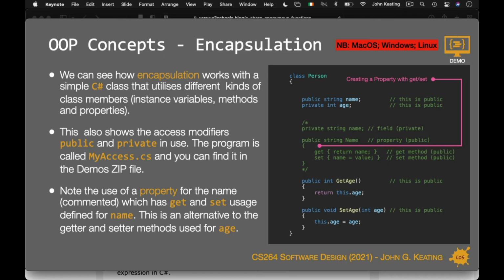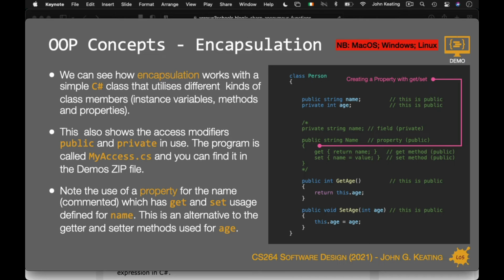But you'll notice here in the middle, in the green section, because it's commented, we would change this. We would have a private string for name, which is a good way to do it, to make our fields private. And then we would have a property called capital Name. Then we can set a getter and a setter method using these. A getter method will return name, and a setter method will allow us to assign the value that's passed.